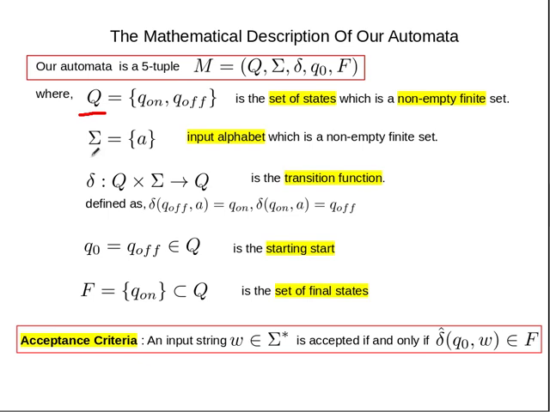Then we have the input alphabet. All the inputs must be strings over this alphabet. That is what this machine is capable of processing, right? Then we have a transition function with this domain and this range, which encodes the behavior of the machine.